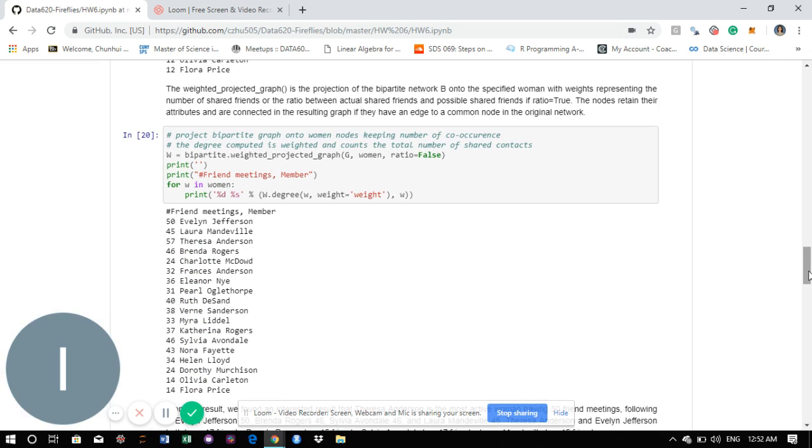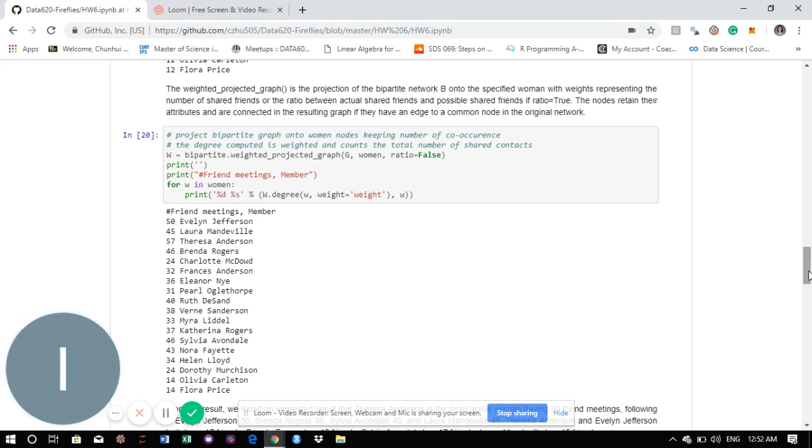We're using the weighted projected graph function to observe how many meetings women such as Evelyn have with the others.